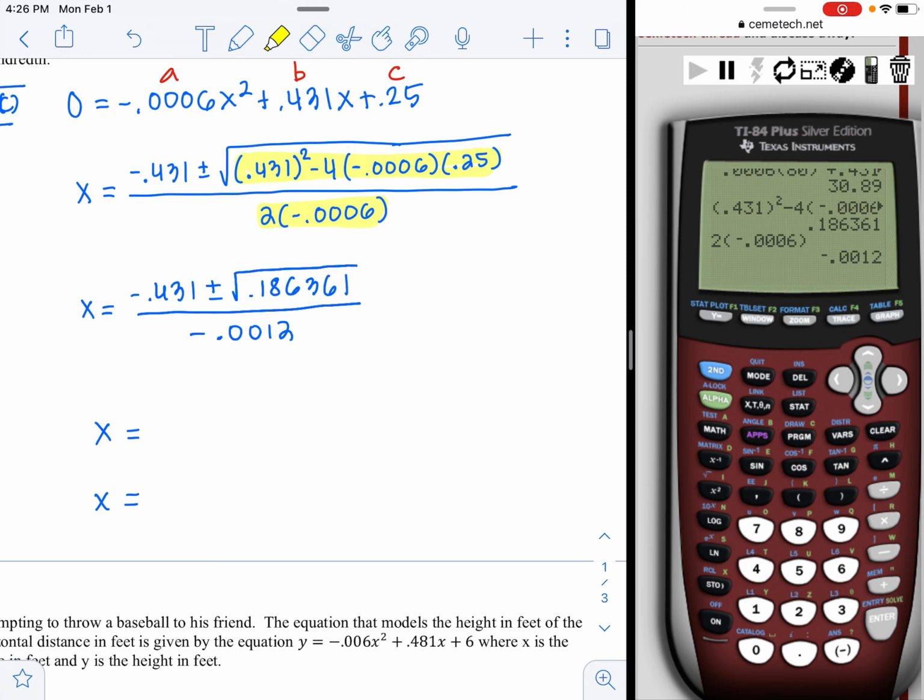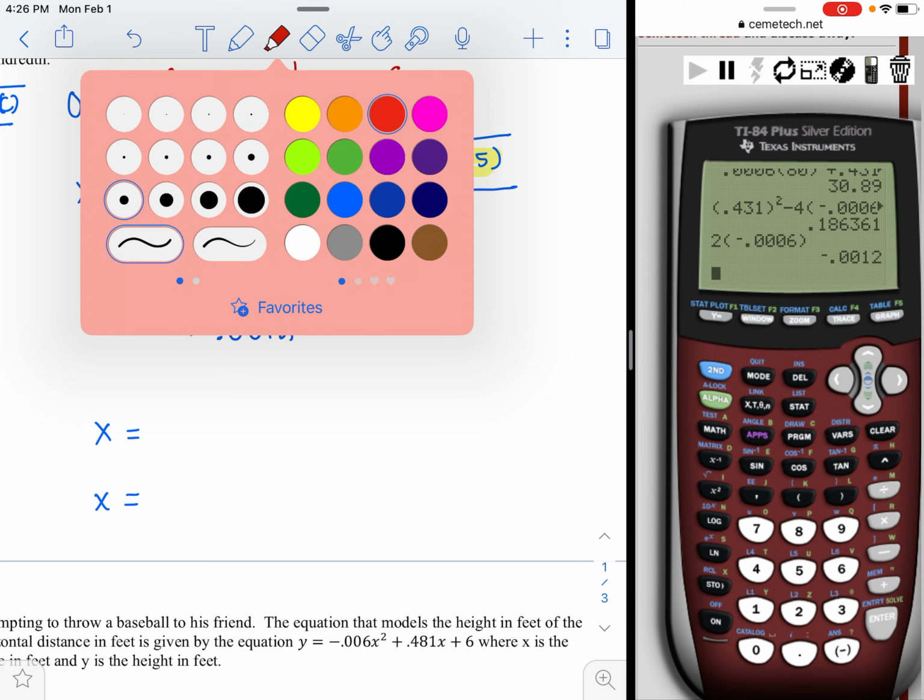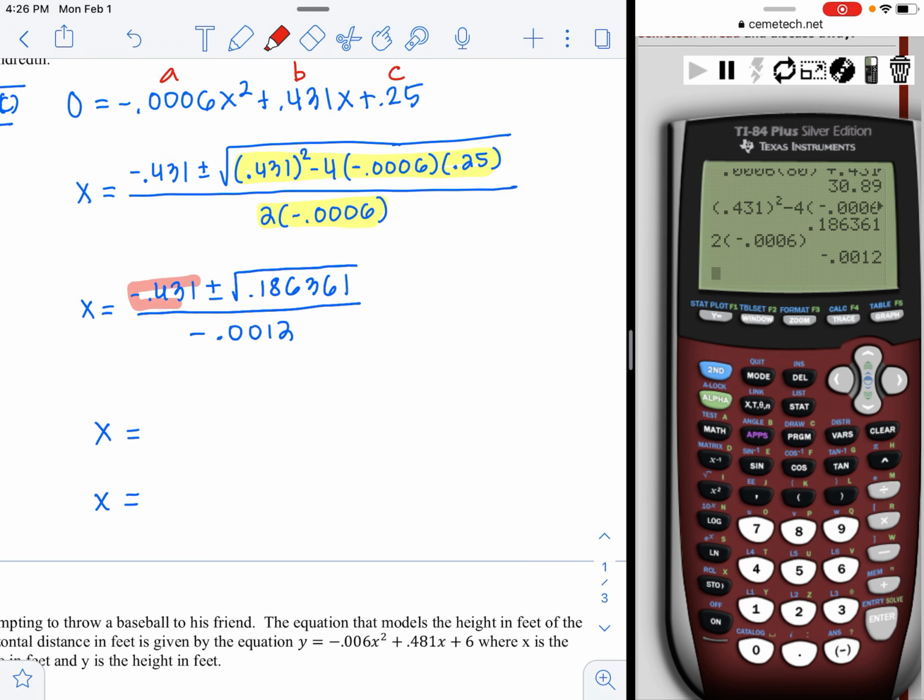Okay, so now I'm ready to get my 2 answers. So let's remind ourselves how to get our 2 answers. That's a little dark. I'll do red. Okay, so you're going to do negative 0.431, plus this whole thing, enter, divided by this. Okay, so let's do that.